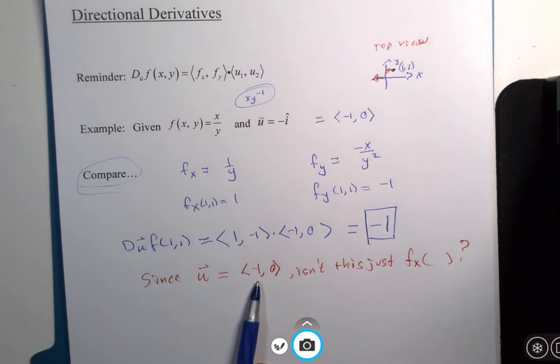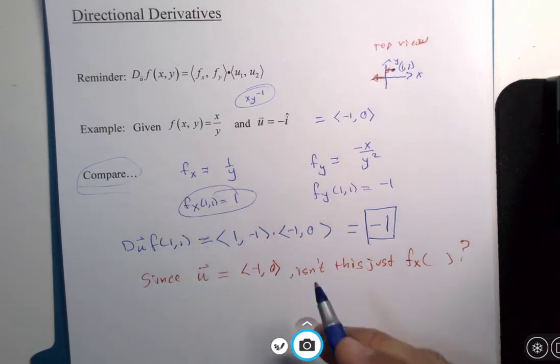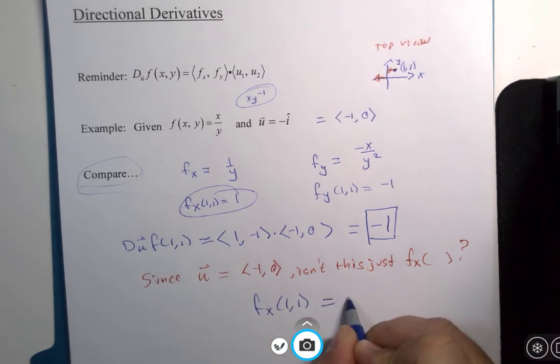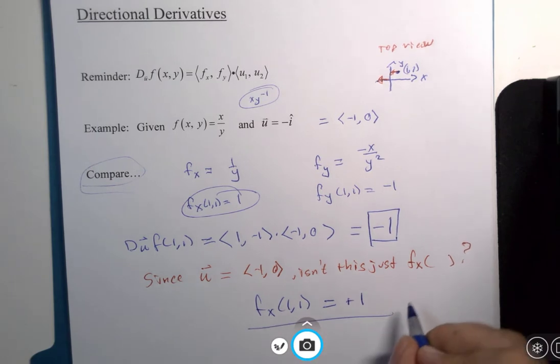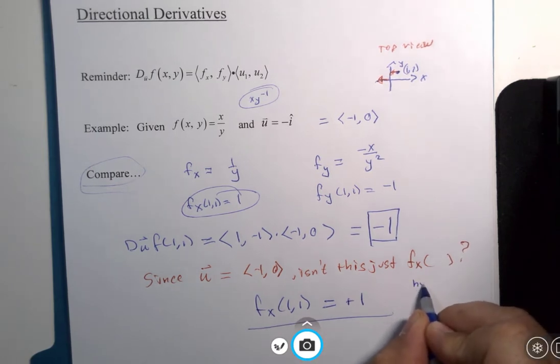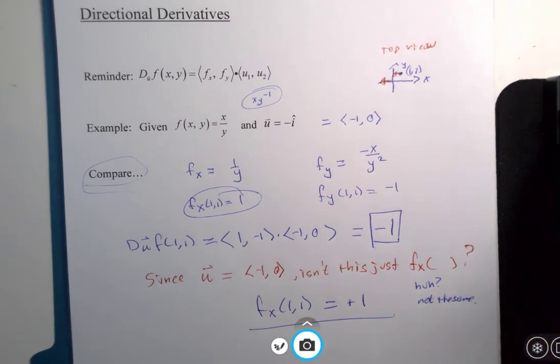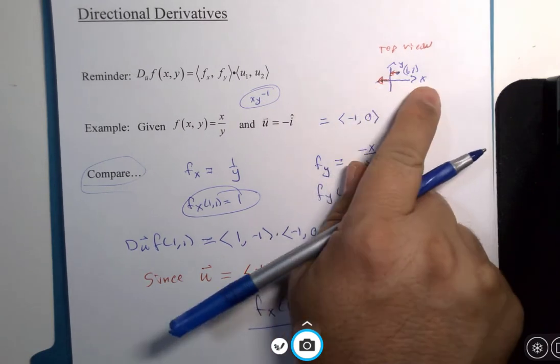The x derivative at the point was positive 1. They're not the same. There's a number of reasons for it, but a simple reason would be to say maybe the x derivative means we have to go in the positive x direction.